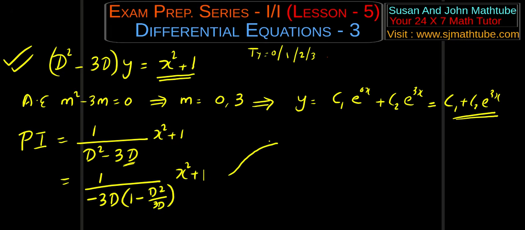And that will be minus 1 by 3, 1 by d, and this 1 by that quantity will get simplified and we get d by 3, the whole power minus 1. I skipped one step, of x square plus 1.